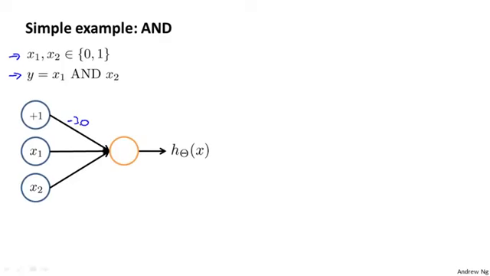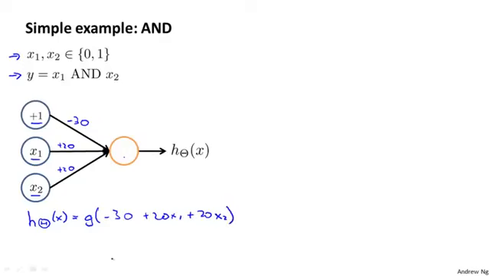-30 here, +20, and +20. What this means is that I'm assigning a value of -30 to the parameter associated with x0, that is this +1 going into this unit, a parameter value of +20 that multiplies into x1, and a value of +20 for the parameter that multiplies into x2. So concretely, this is saying that my hypothesis h of x is equal to g of -30 plus 20x1 plus 20x2.